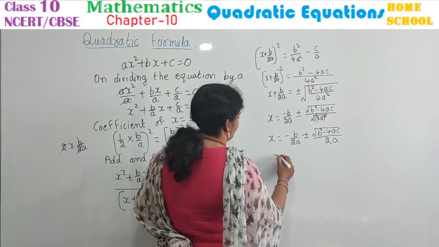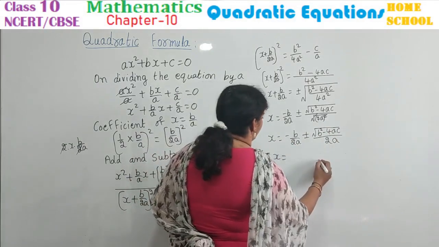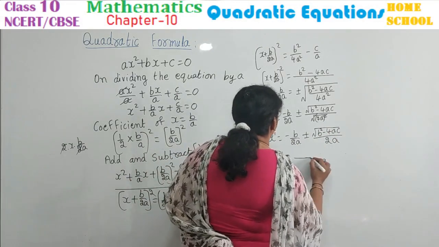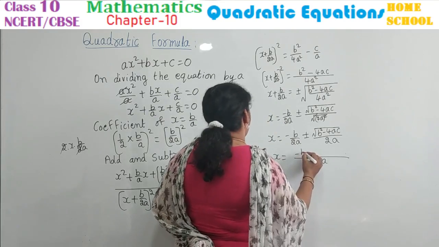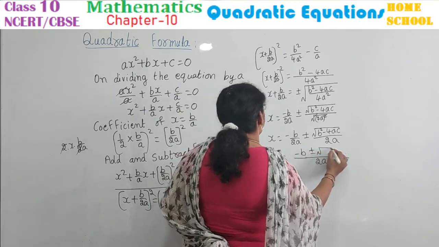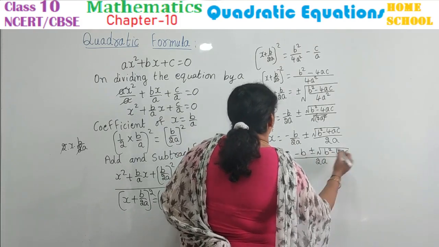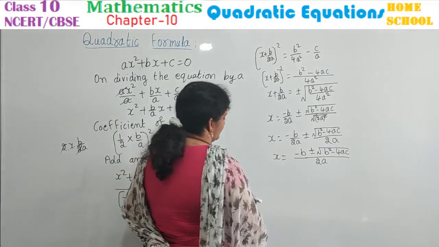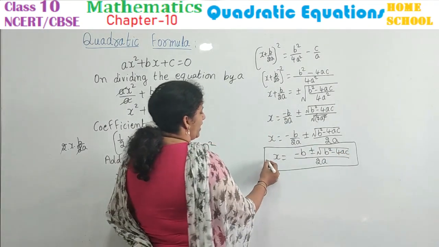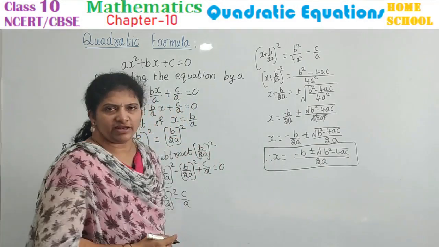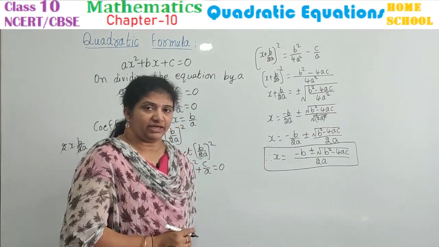Again do the LCM for these two. 2a, 2a, common denominator, write as it is. Minus b plus or minus root b square minus 4ac. Therefore, x is equal to minus b plus or minus root b square minus 4ac by 2a.